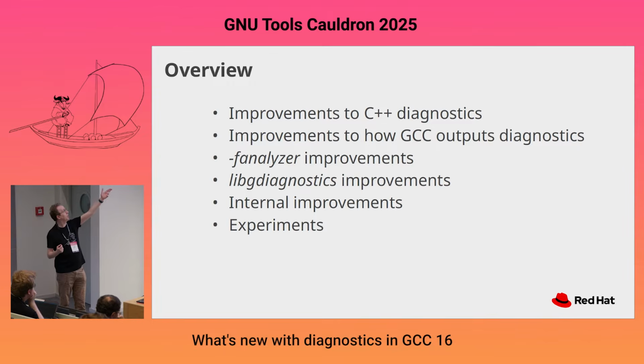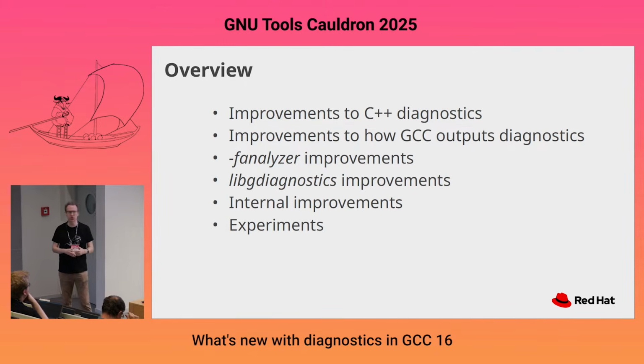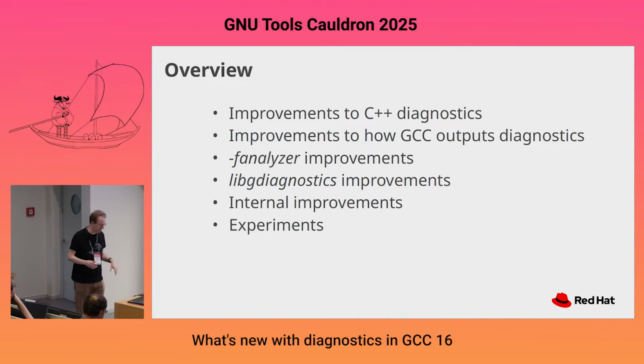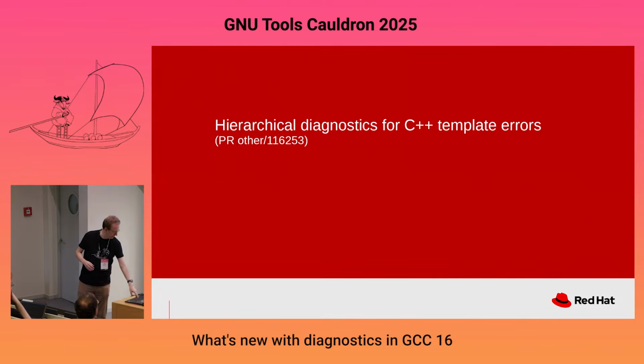I'm also going to talk about improvements in 16 with that. And finally, some experiments that aren't in Trunk yet, and some refactoring I've done internally to try and clean up the code, because it's all got quite complicated as new features have been added.